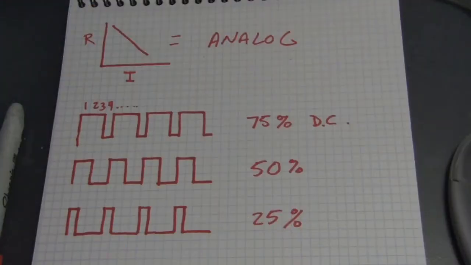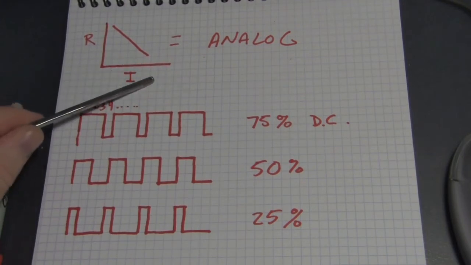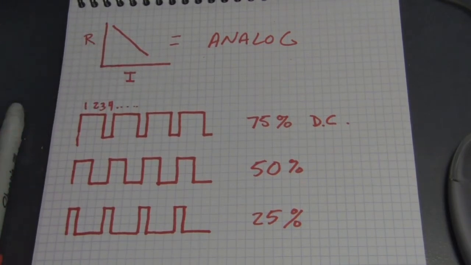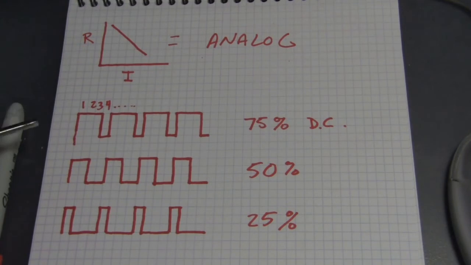Okay guys, so in the previous video I showed you how a Hall sensor varies the output of an LED using resistance. The way that works is the higher the resistance, the less current, the less resistance, the more current. And that would be the analog means of controlling the LED. Using PWM, what we have is a variable duty cycle.